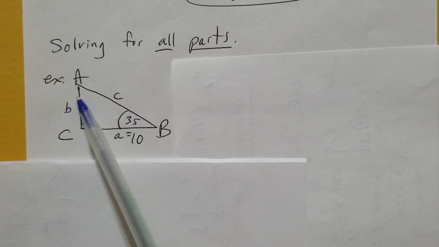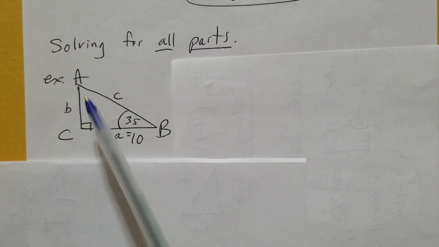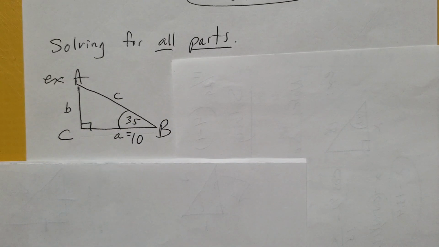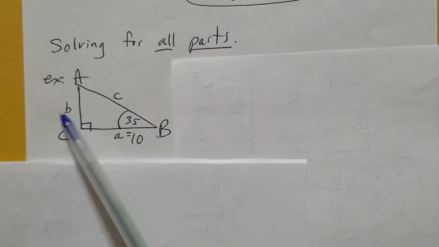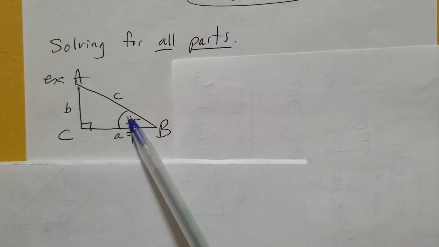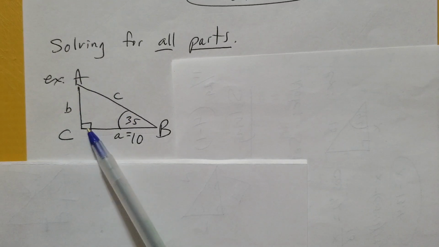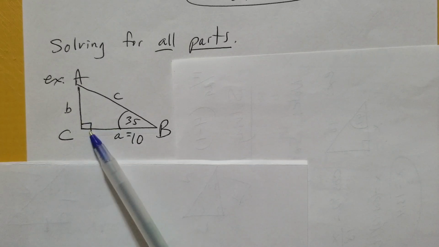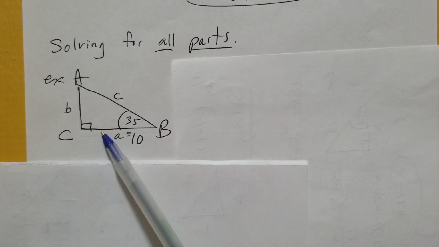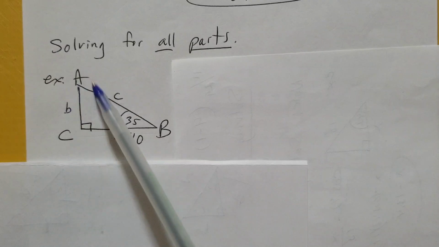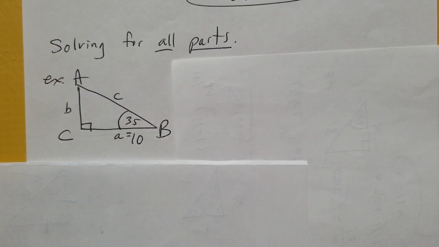Side A, side B, side C. Angle A, angle B, angle C. What am I given? Well, I'm given one side and I'm missing two sides. I'm given one angle and I'm missing another angle. Oh, this is 90. That's always going to be 90. We don't have to find that angle. So we have to find three missing parts, an angle and two sides.